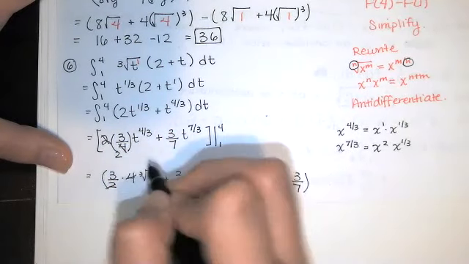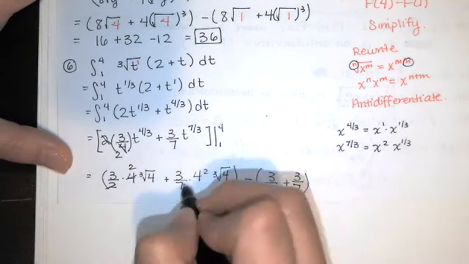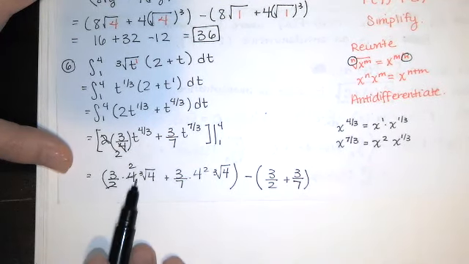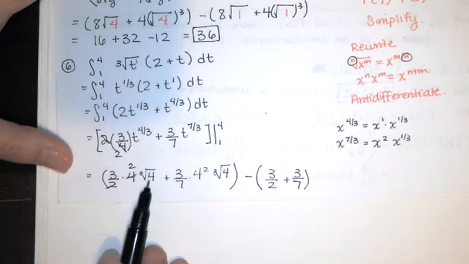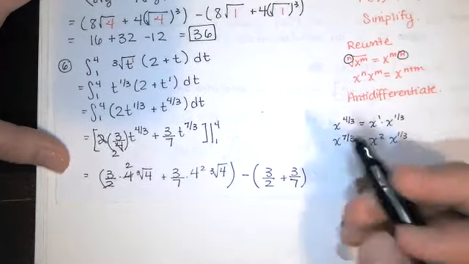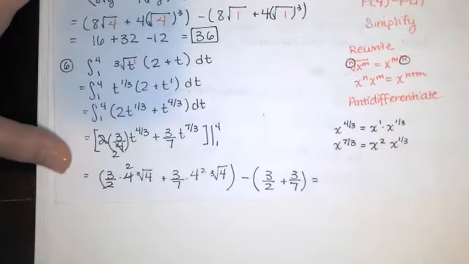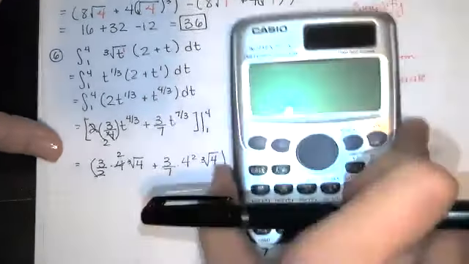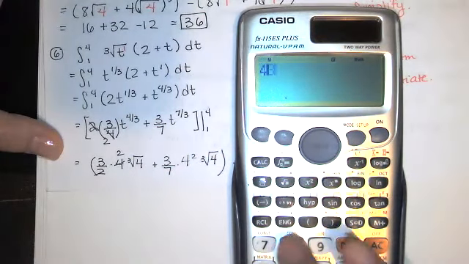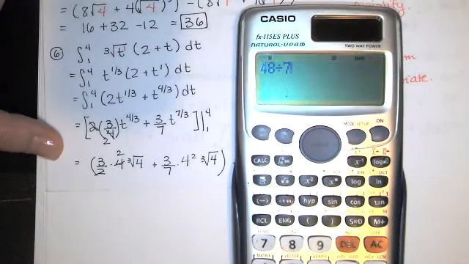So 2 goes into 4 twice. There's nothing that simplifies over there. But we end up with 6 times the cube root of 4 plus this coefficient times the cube root of 4 minus that. I think I'll use a calculator because I don't want to waste too much of our time simplifying this. This is 16 times 3, that's 48/7, plus 6.